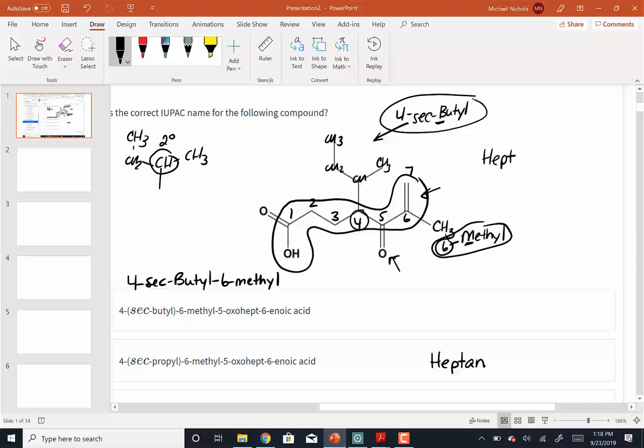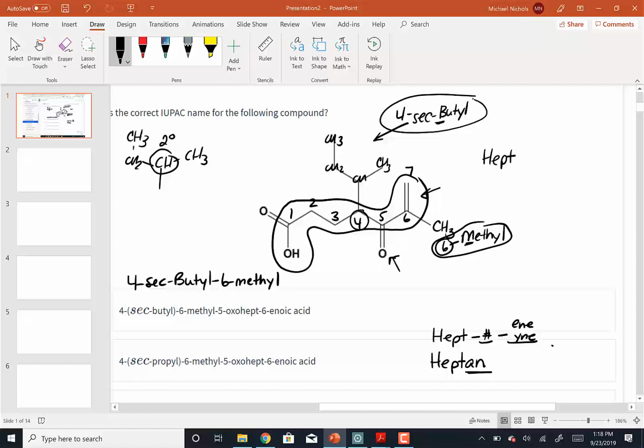If you have a 7-carbon chain that has a double or triple bond in it, that's when we go hept, number, and then either ENE or YNE, to indicate that we have an alkene or an alkyne.